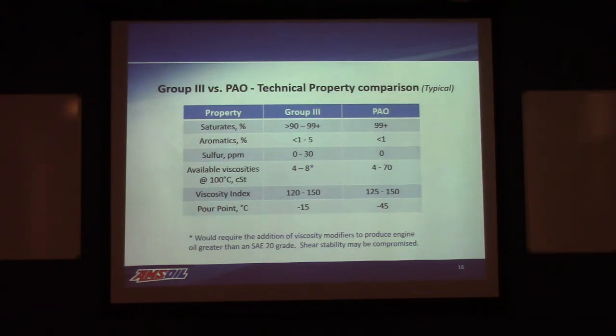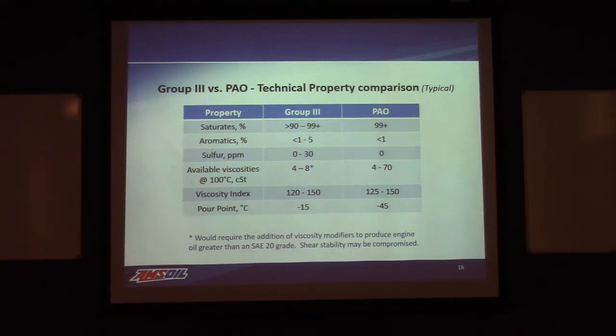That in itself would not be thick enough to formulate like an SAE 30 or an SAE 40 engine oil. You'd have to do something with them. And chemically, you can put in chemical compounds that will allow you to safely do that. They're basically called viscosity index improvers. All right.